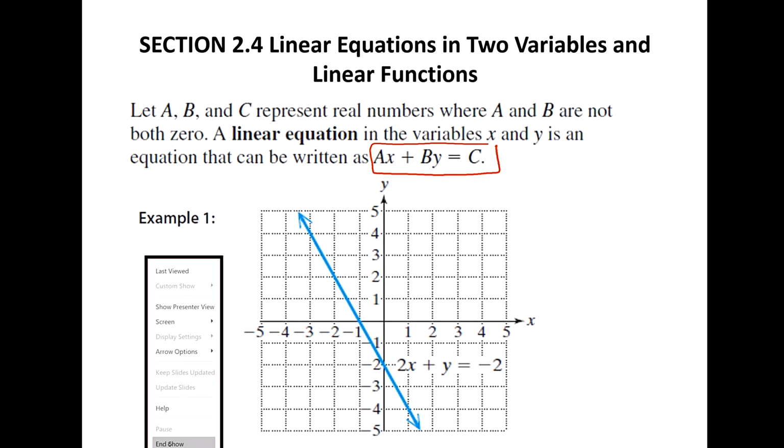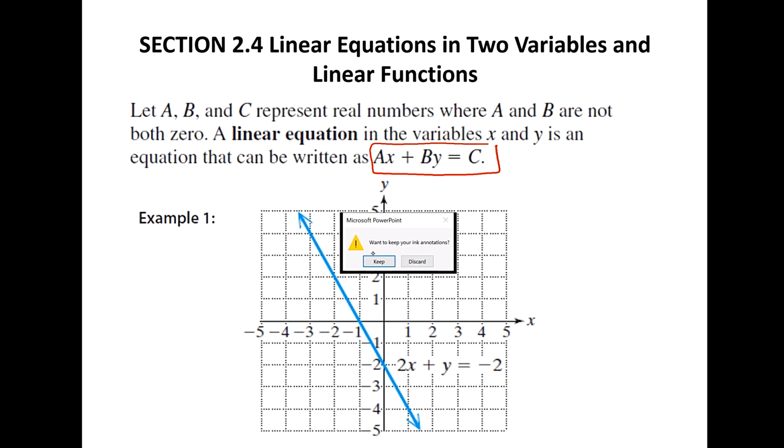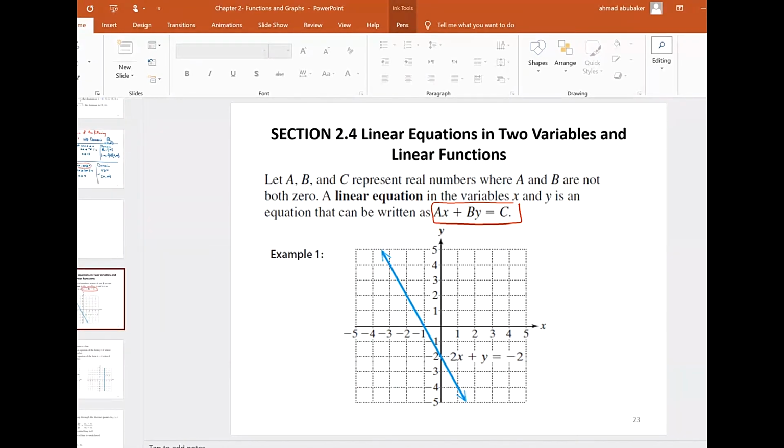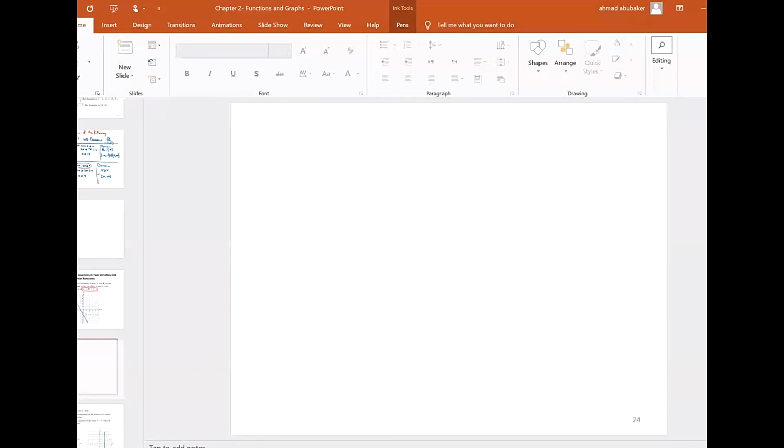Look at this. بس عشان نعرف أنواع اللاين، بس فقط خلينا أوضح. We have three types of the line. Four types, sorry.